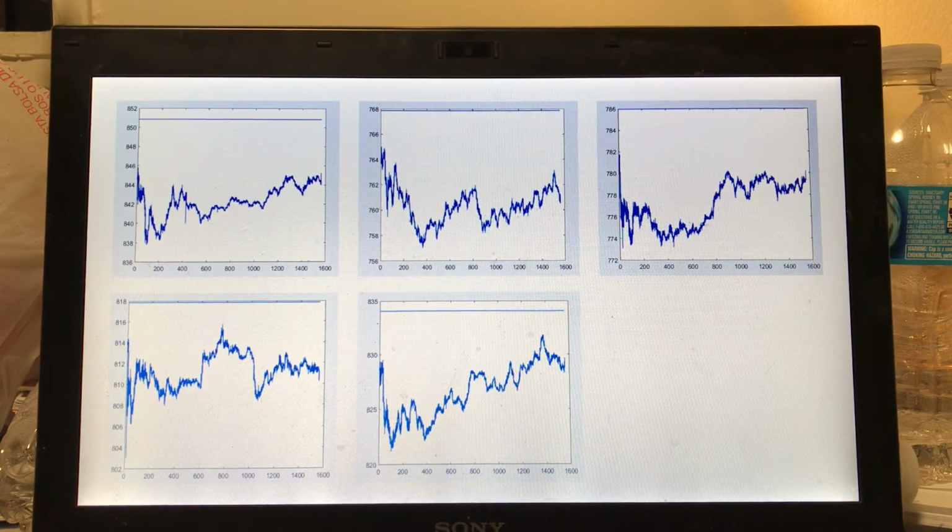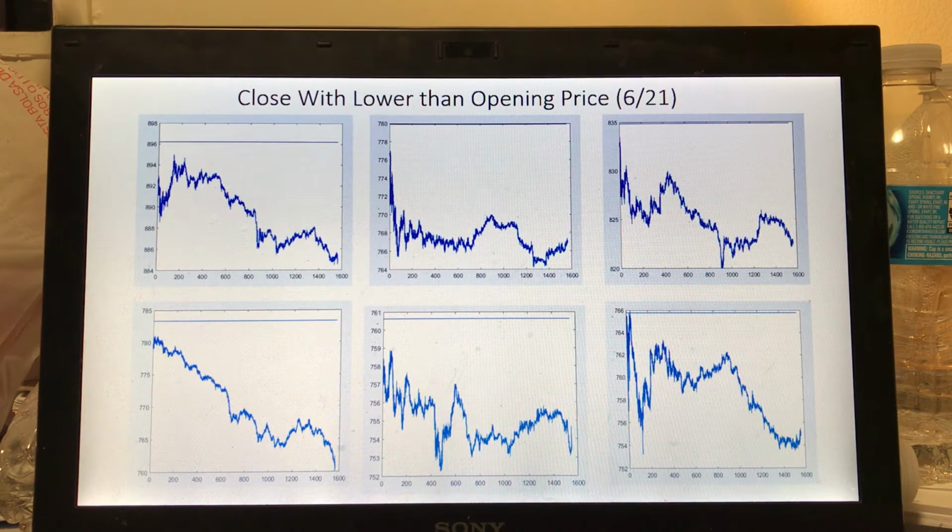Okay, so another 6 cases, the stock closes with an apparently lower price than the opening price. You can see that this is an especially disastrous day in the market, and this is also a bad day.